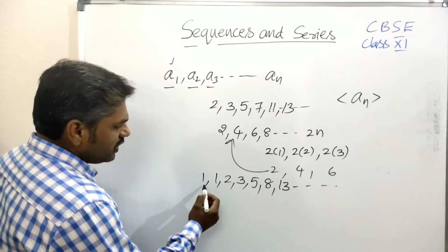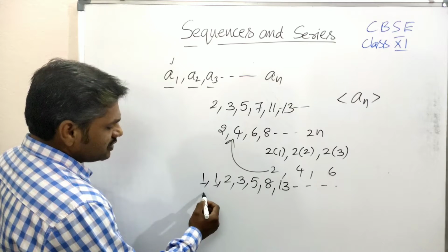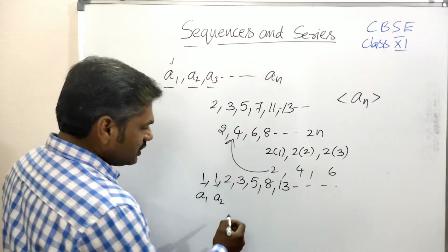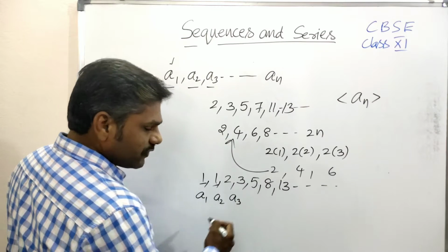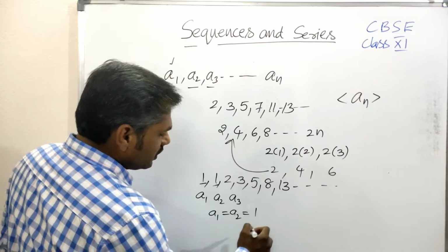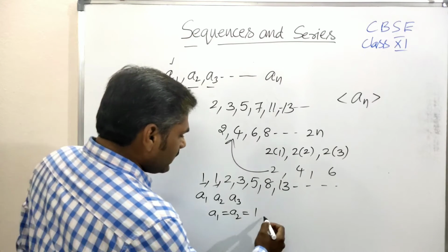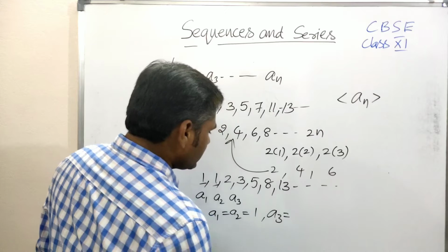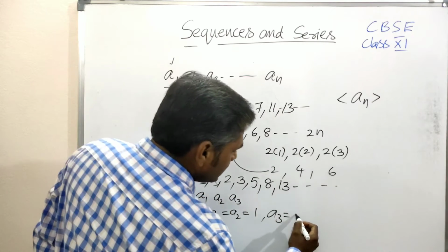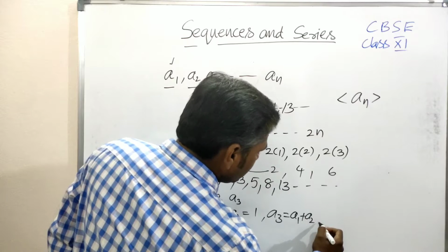Suppose the first term is a1, the second term is a2, then this is a3. If you observe, a1 equals a2 equals 1, and a3 is obtained by adding the first term and second term, so a3 is 2.